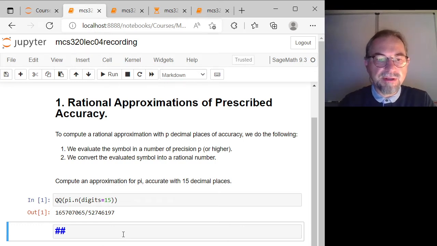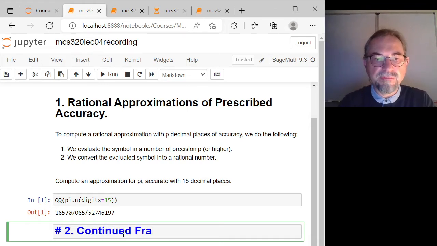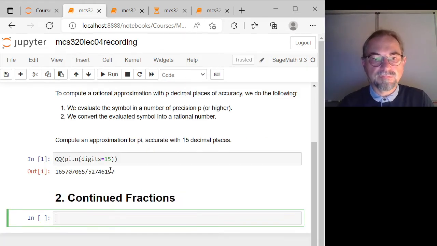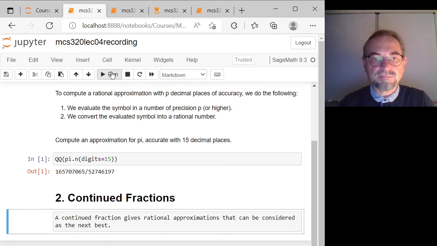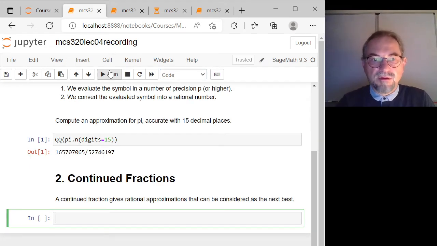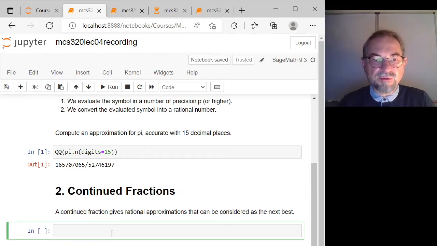So let me illustrate this now with the continued fractions. Continued fractions give rational approximations that can be considered as the next best. So let me illustrate this with the square root of 2.